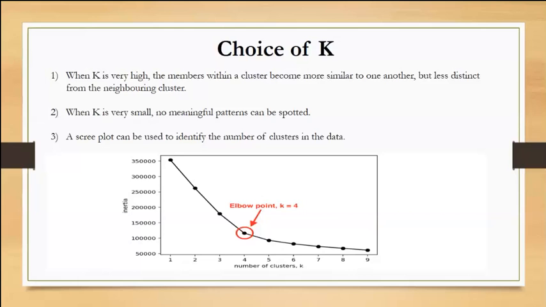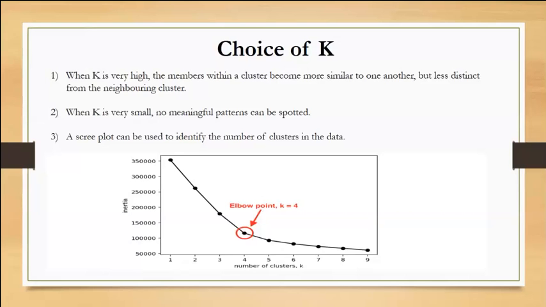The scree plot provides a plot of the number of clusters against the within cluster sum of squares of distances. You need not worry too much about how to calculate and plot it. R and Python generally provide packages to generate a scree plot. But it is always better to use your business judgment to determine the optimal number of clusters and also see if you can label the clusters generated.